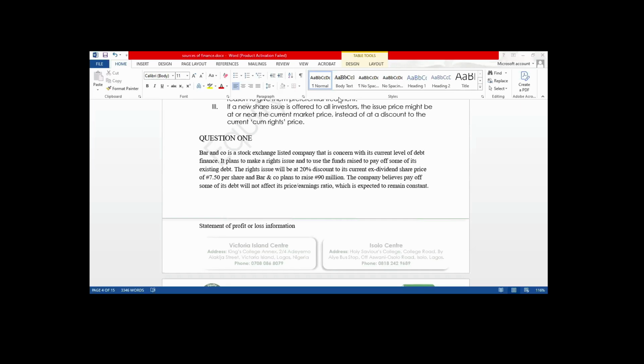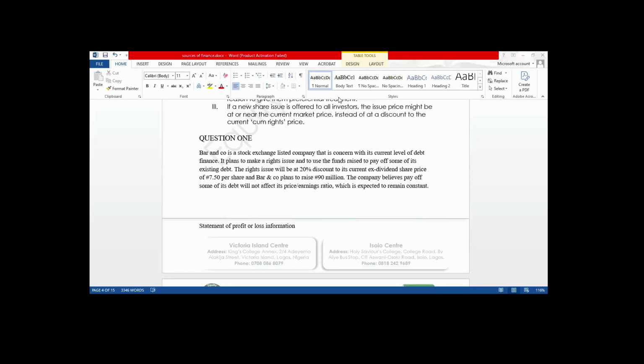The rights issue will be at 20% discount to its current ex-dividend share price of 7 naira 50 kobo per share. Look at it. The rights issue will be at 20% discount to the current share price.